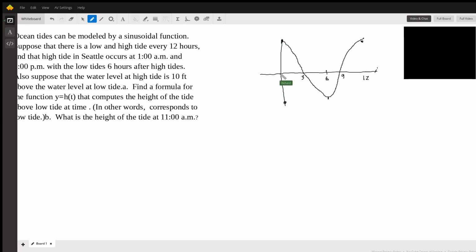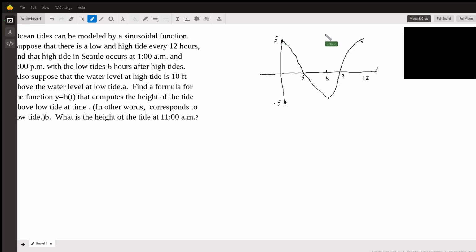The water level at high tide is 10 feet above the water level for low tide. So this is 5 here and -5 here, because from here to here is 5, and 5 is 10. That completes the sketch.